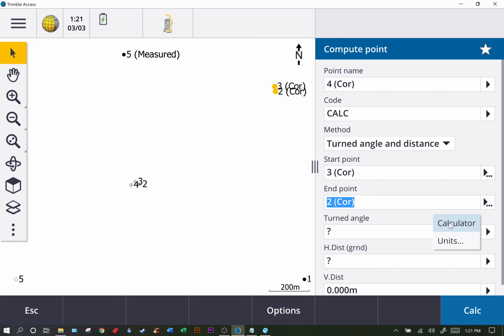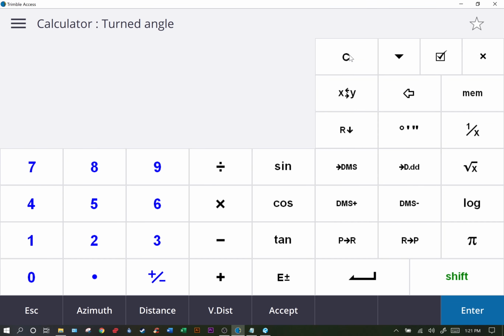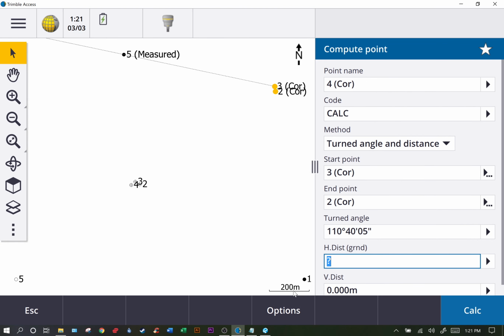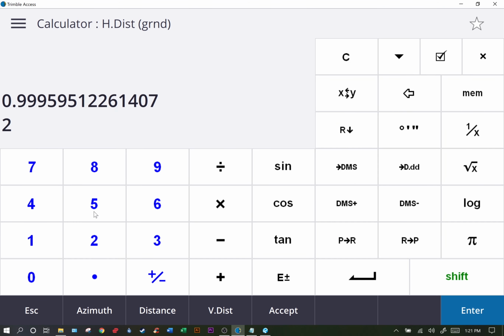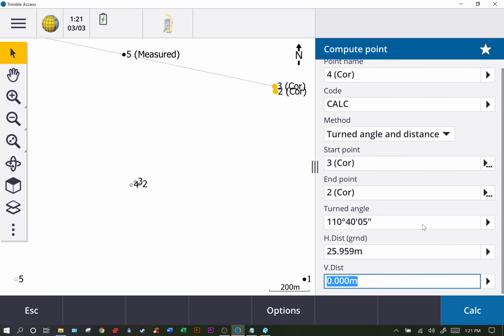My turned angle is going to be 360 degrees minus 249, 19, 55, and there it is again, the same angle as before, that doesn't get scaled at all. My distance is going to be, recall my memory, and I know the distance to be 25.97. So I'll multiply those two, and there's our distance.